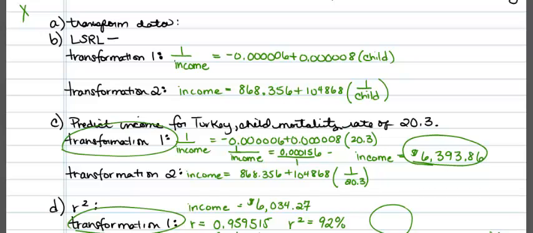Now, in the context of the problem, this is one of the things that we had a difficult time with.